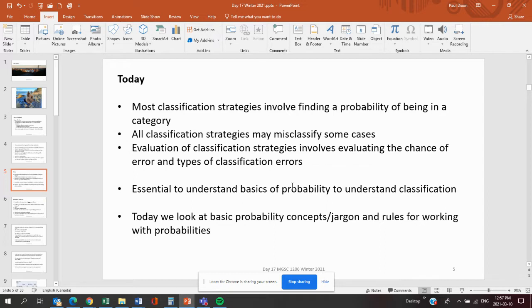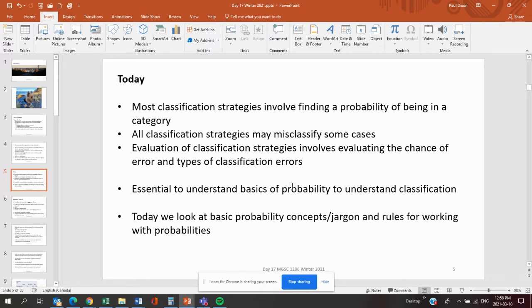What we want to do today is look, if you were looking at, say, the first strategy where there's a probability, do you understand what a probability is? More importantly, you're going to have to evaluate your models, and none of them are perfect. They don't classify everybody correctly. They make some mistakes. You end up diagnosing some individuals as having COVID, the virus, when they don't have it.